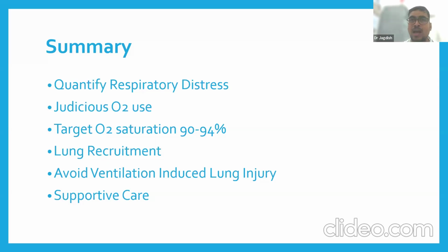Always try with non-invasive support. Only when it fails, or only when you are sure this baby has already gone into respiratory failure and doesn't have a spontaneous respiratory drive, then only you take full control of respiration of the baby by invasive mechanical ventilation.